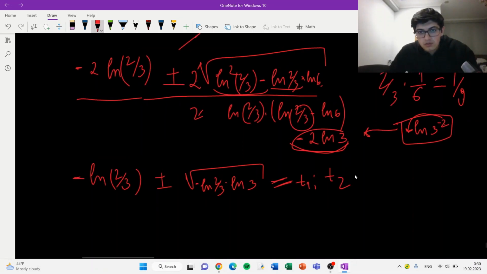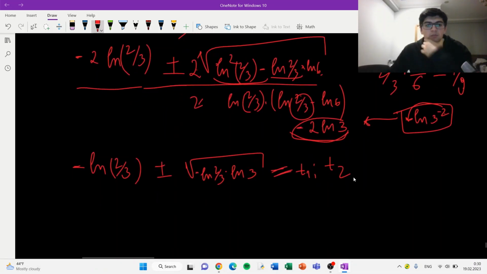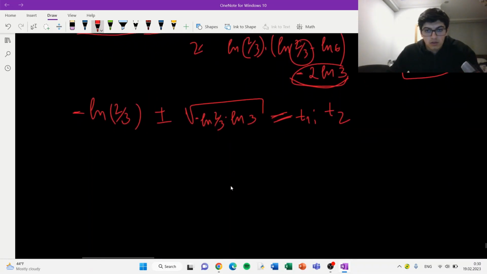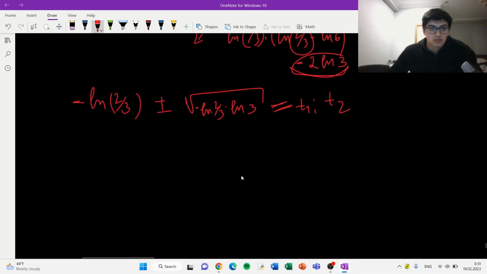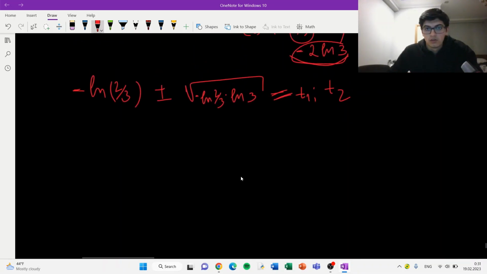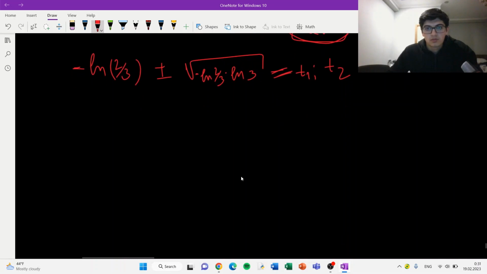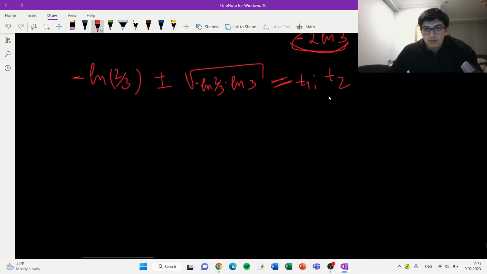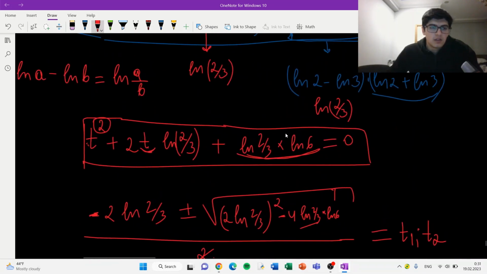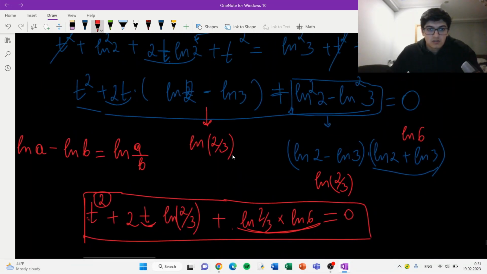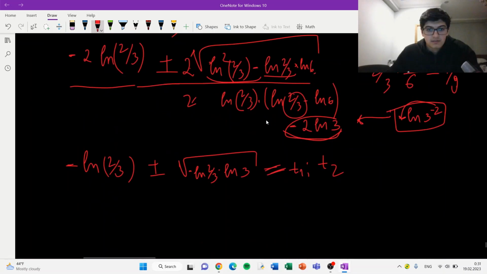But we should look at whether we have a positive term here, because if we don't have a positive term, it's going to be nonsense to try to solve for the problems. We should check what we named t here. t is equal to ln x.